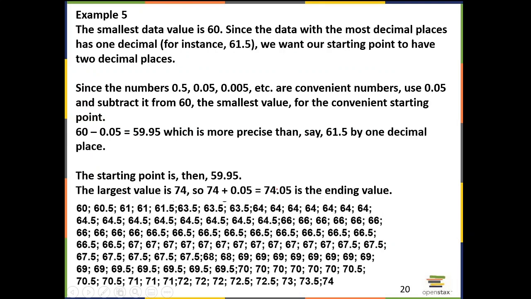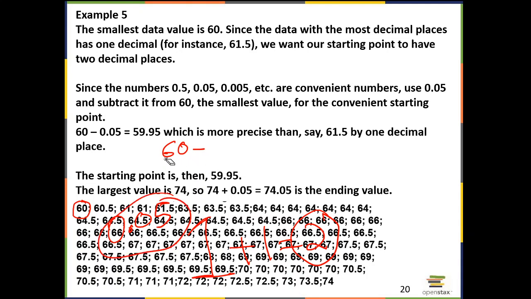So where do we start? We start with the smallest number minus 1 more decimal place than we have in the data. The maximum number of decimal places in the data is 1, so we have to add 1 to it. So we need 2 decimal places, and the number that we use for 2 decimal places is this number.